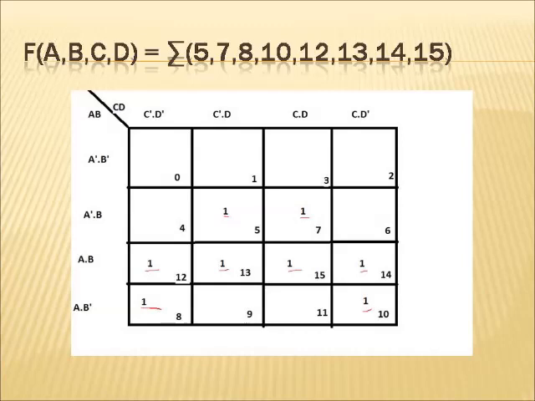So easily you can understand that I am putting 1 on the cells 5, 7, 8, 10, 12, 13, 14 and 15. So I am using the value 1 as it is a SOP expression. We use 1 to mark the cells, right?